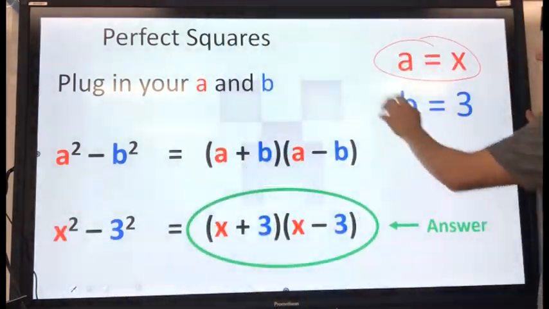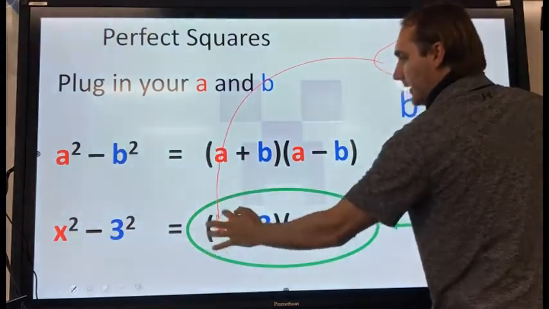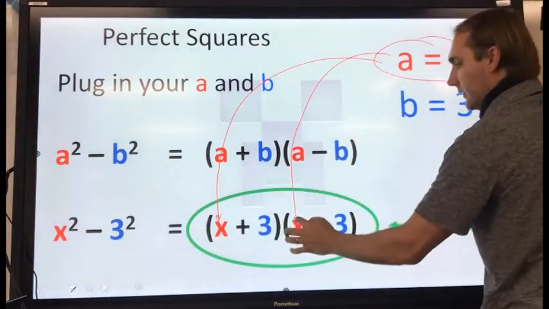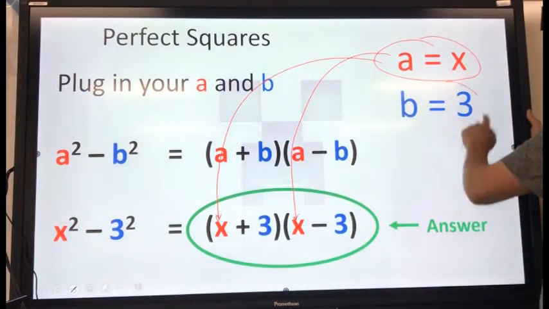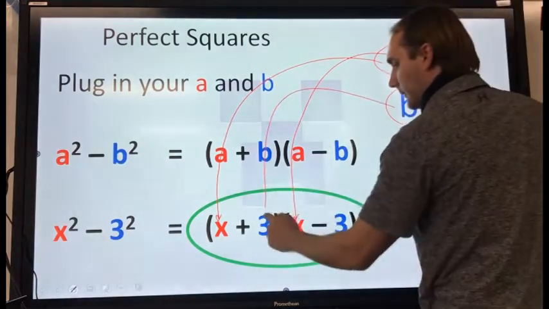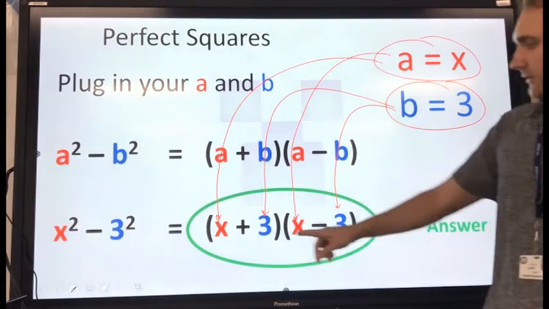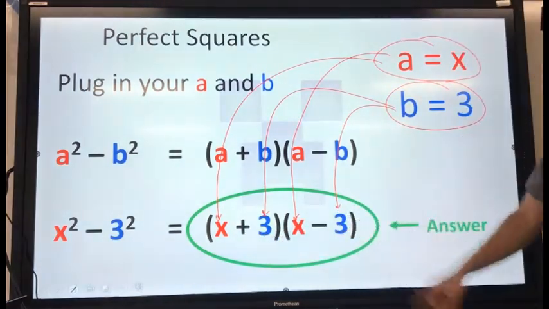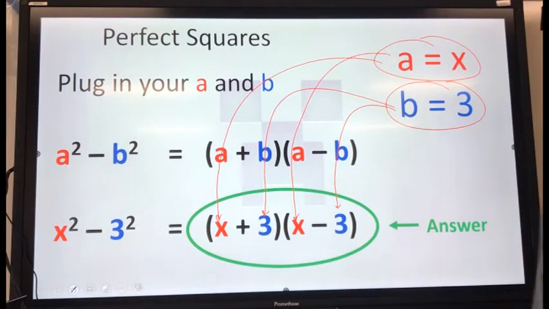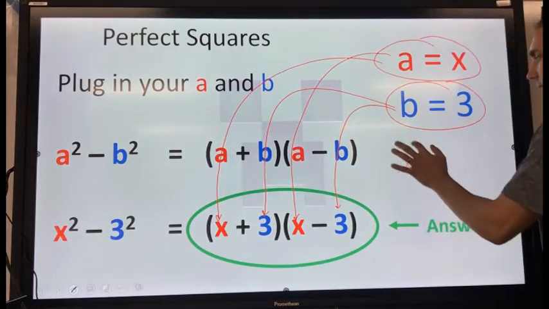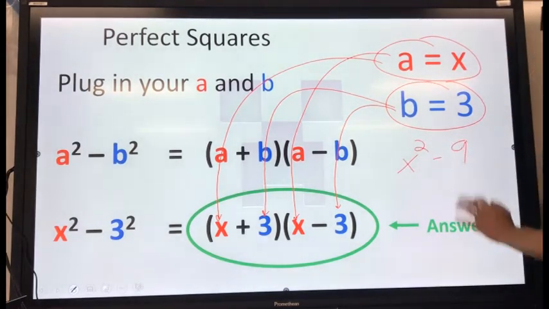Everywhere I have an A in the formula, I'm going to plug in an x. And everywhere I have a B in the formula, I'm going to plug in a 3. Like so. So my solution comes out to be x plus 3 times x minus 3. That's the factored form of x squared minus 9.